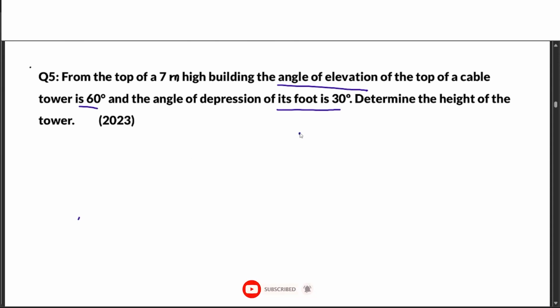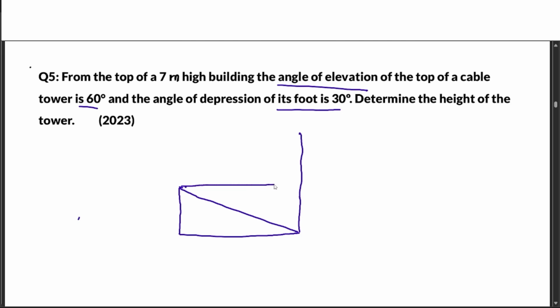So we can say, hey, let's say this one is the tower height. Okay, now here, this is a building. Building top, we can say this is 7-meter. Okay, now in this one, it is making to the foot. This is the foot of the tower. So it is making the foot of the tower with the angle of depression of how much? 30 degrees.